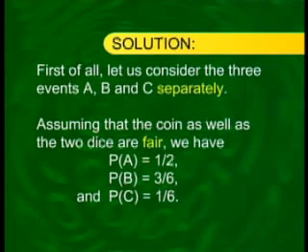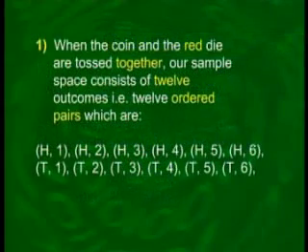This is so because A represents a head, B represents an even number, and C represents a 6 on the die. Next, let us consider the joint events A intersection B, A intersection C, and B intersection C.